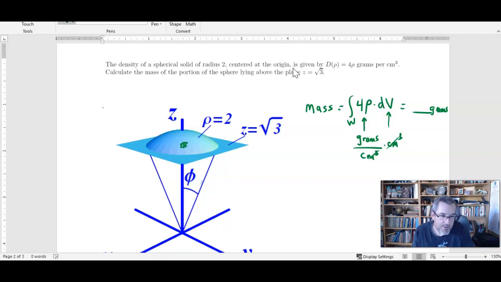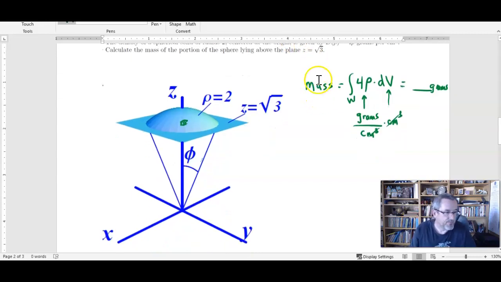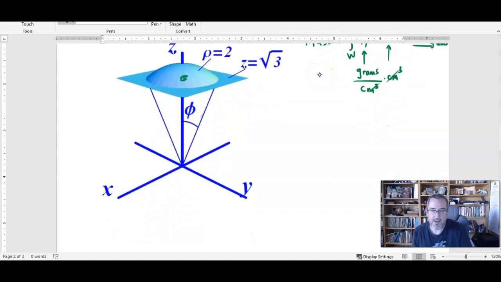And we're going to multiply that by that infinitesimal volume for that set value of rho, theoretically, as we work through the integration. And that product is going to sum up to get the mass of the top of that sphere.